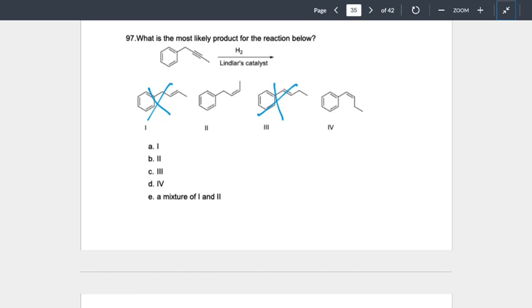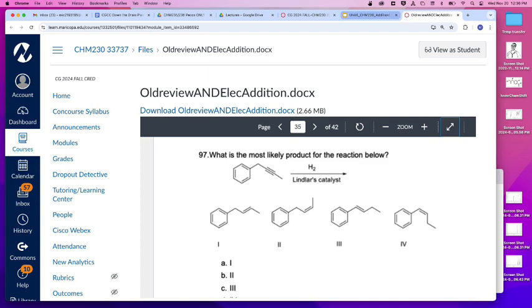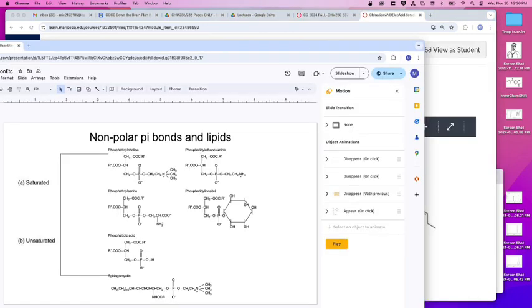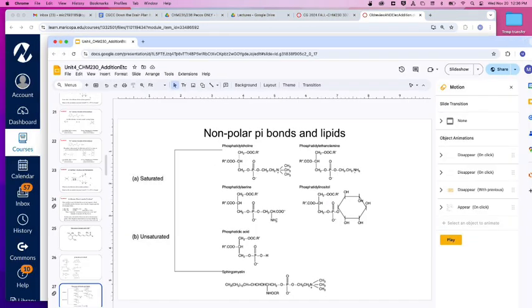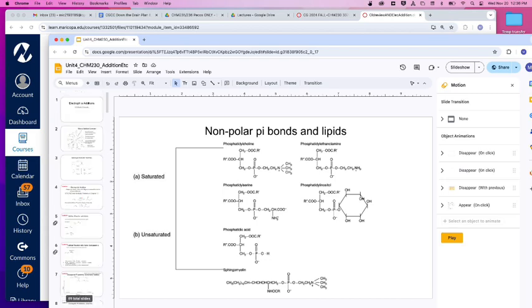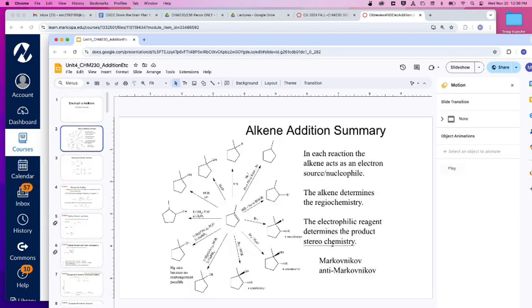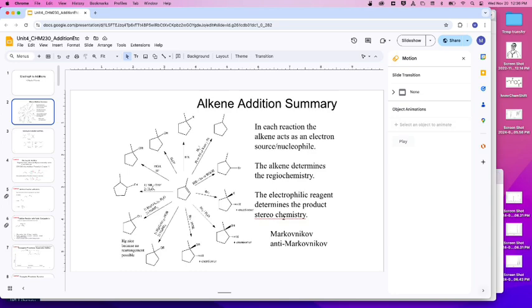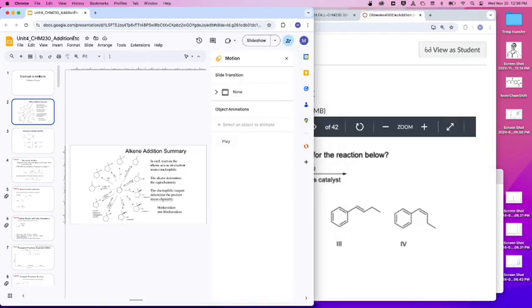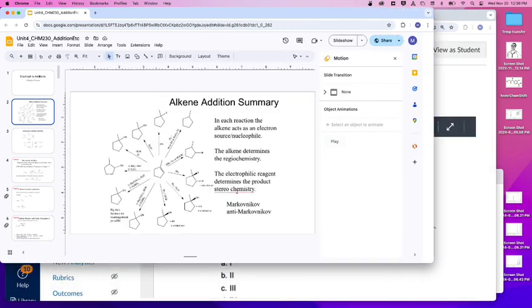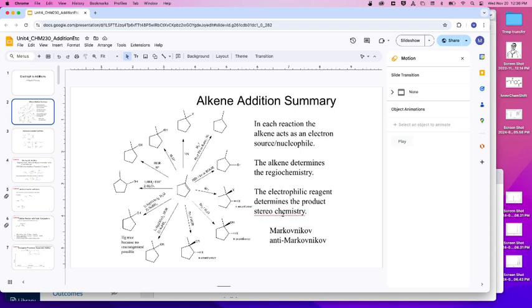I think I can actually split screen, so we'll try this. What's the other approach? Split screen, this isn't going to work out well because it's going to make it too small.